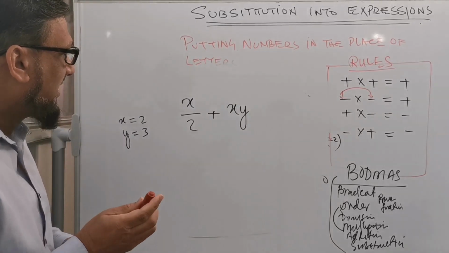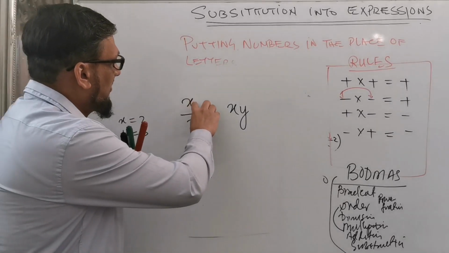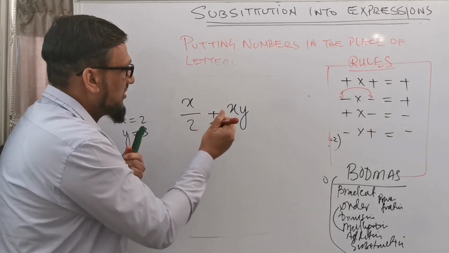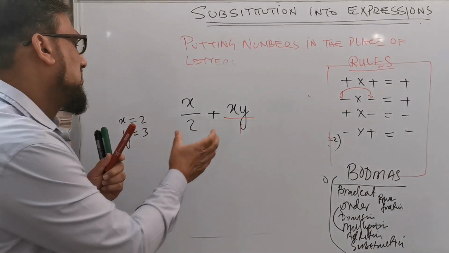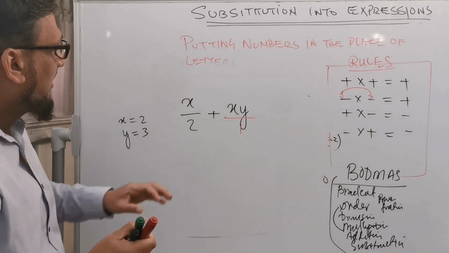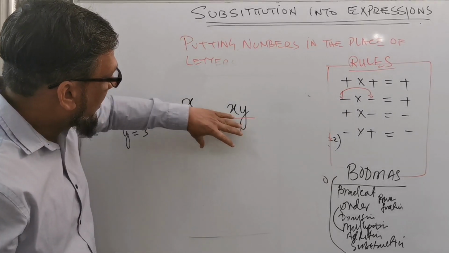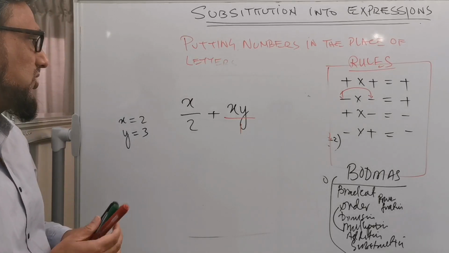How do we simplify? As we know about fractions, if there is nothing there, it means there is a 1. So whenever we are solving fractions, we need to make the denominators the same.